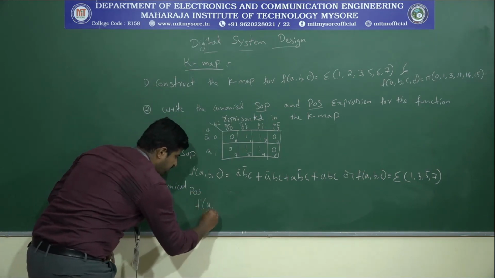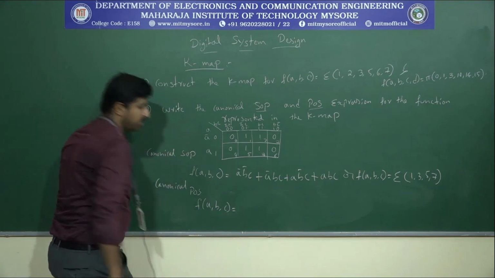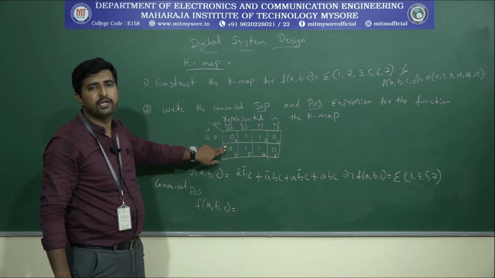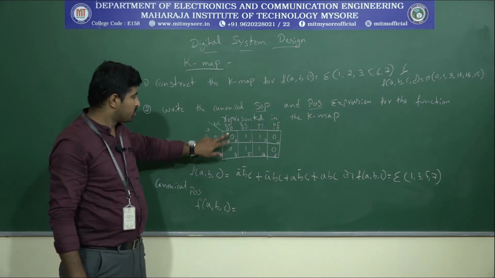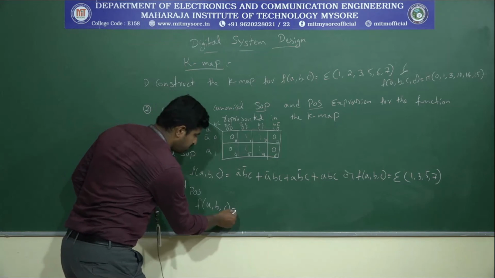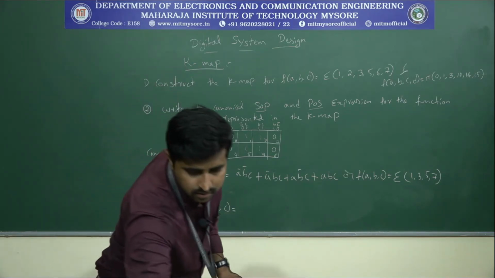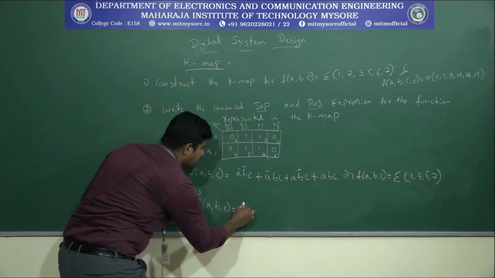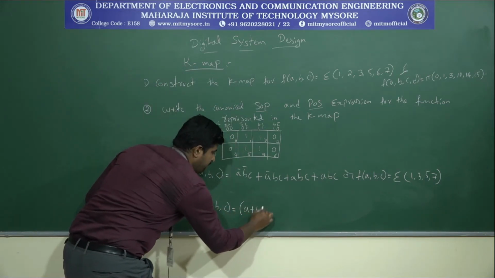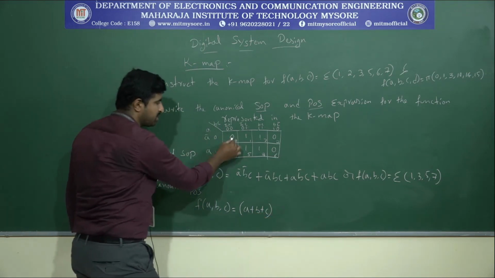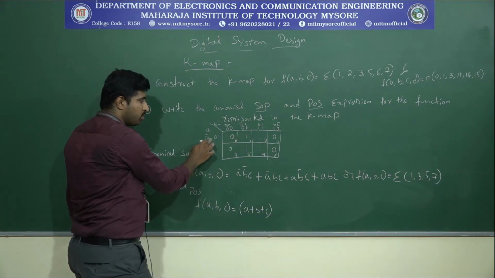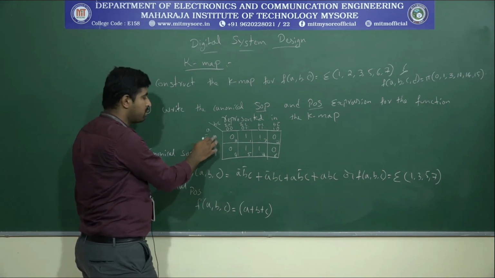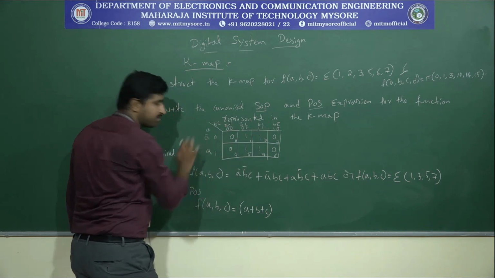There is a function of A, B, C. Here we are going to write wherever the zeros are. So we have A plus B plus C. This is 0 here. When we have a 0, that will be in non-complement form. What we have written before was for the min terms.